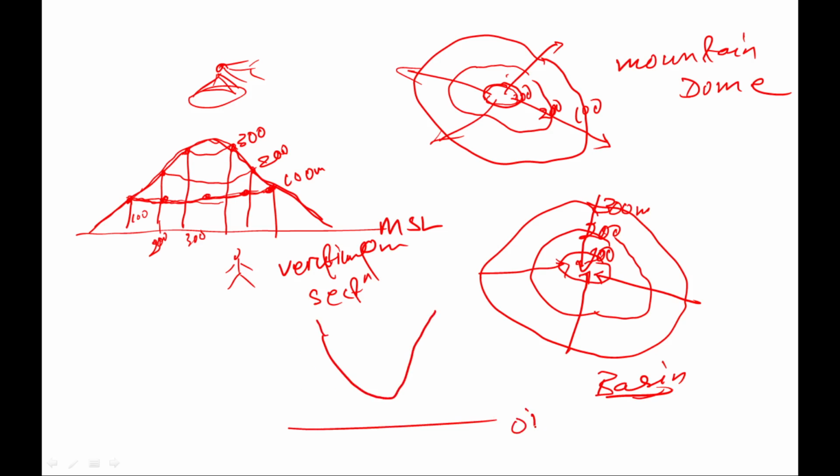So this is zero height, and you are finding 300 meters here, 200 meters here, and then 100 meters here. Likewise, you get your contour lines.